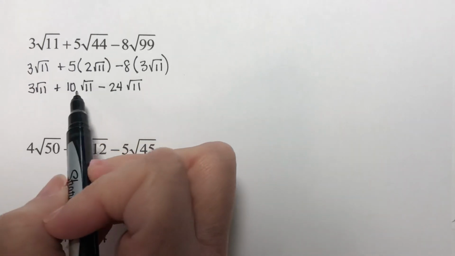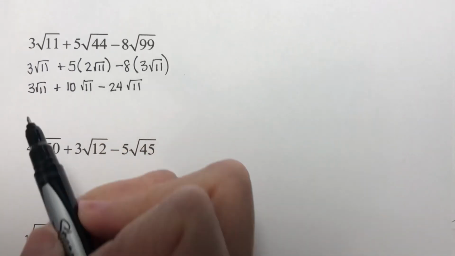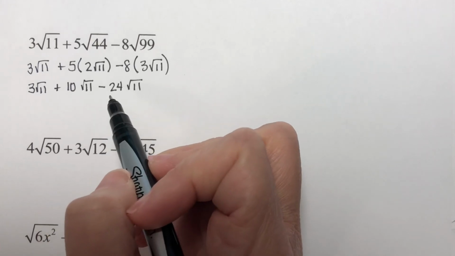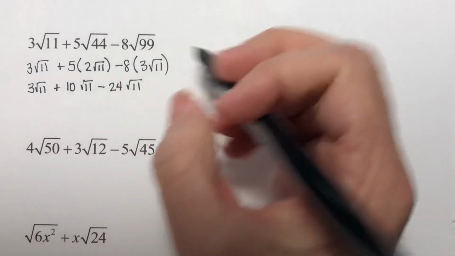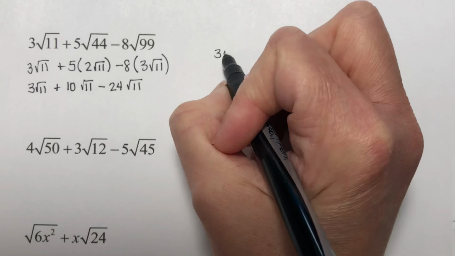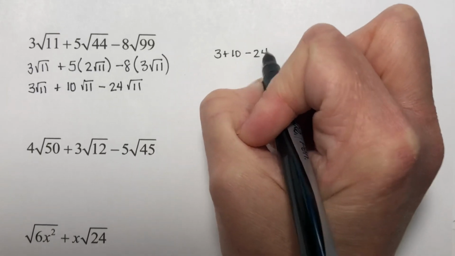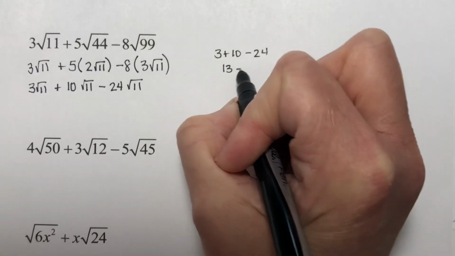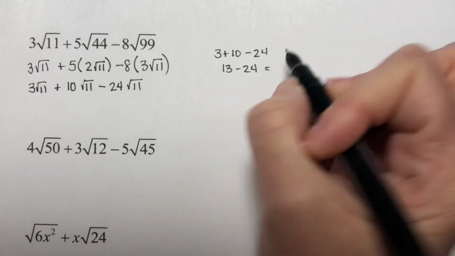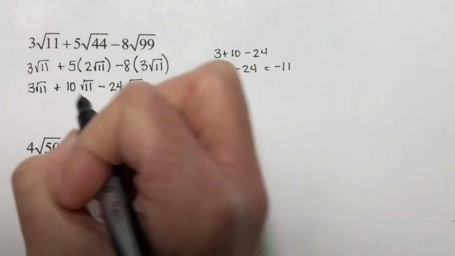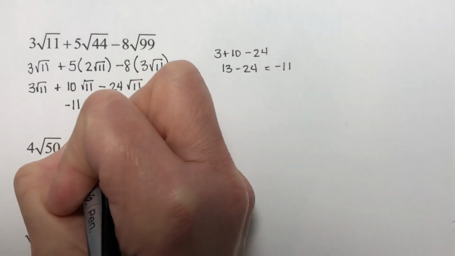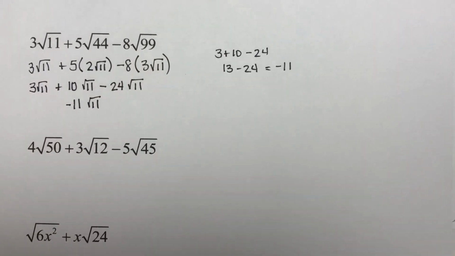So I do 3 plus 10, which is 13, minus 24. That's negative 11. So I end up with negative 11 times the square root of 11.